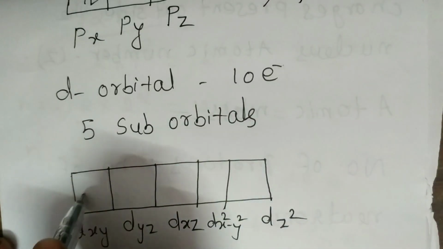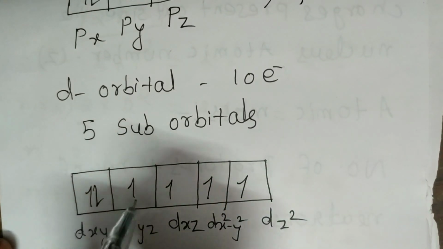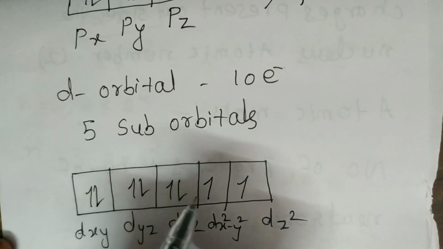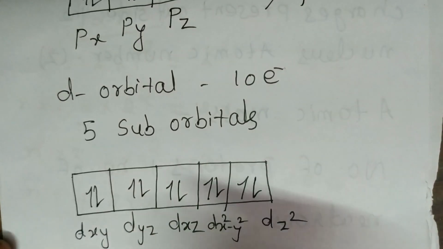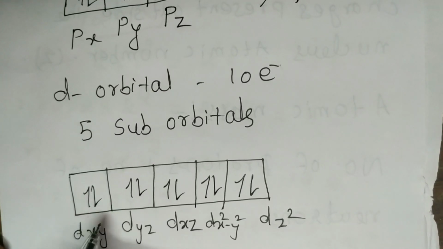These are the 5 suborbitals, 1, 2, 3, 4, 5 and then 6, 7, 8, 9, 10. When you are writing the electrons, always mention them with opposite spins.